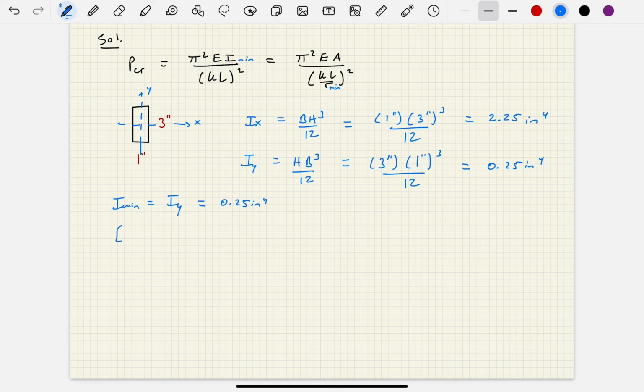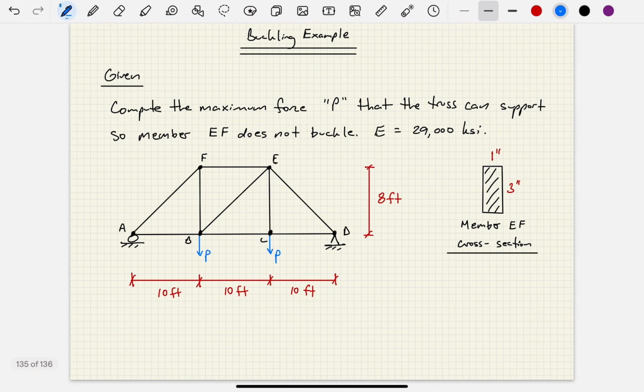So we'll make a note here. Buckling will occur about the centroidal y-axis, okay? So that means that if buckling were to occur in the system, then this member here, EF, is going to bow out.